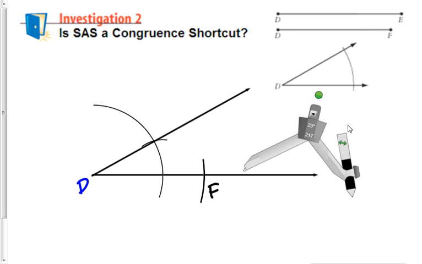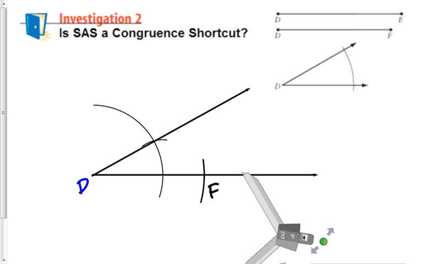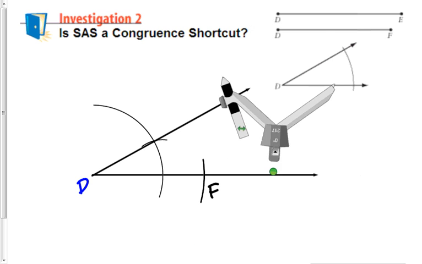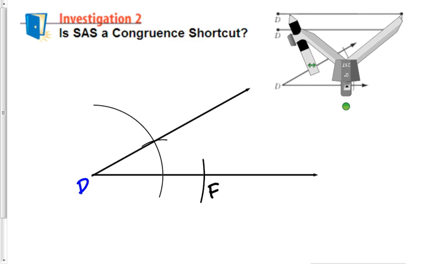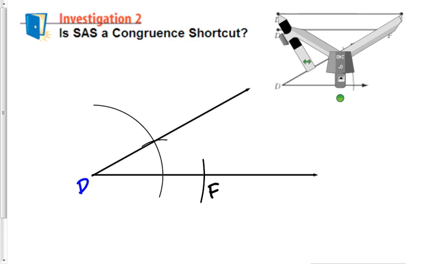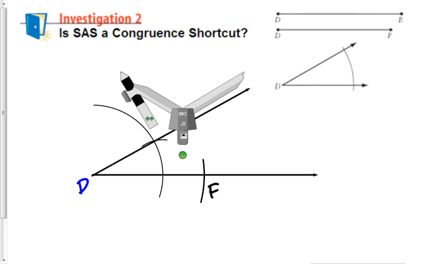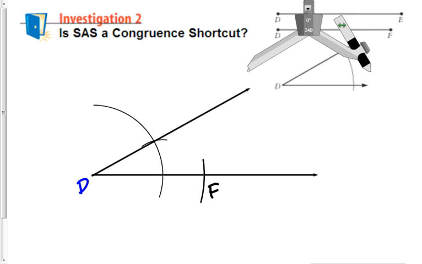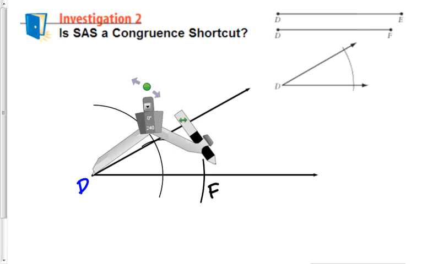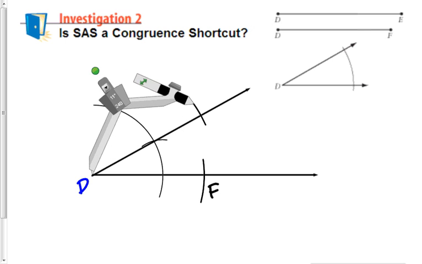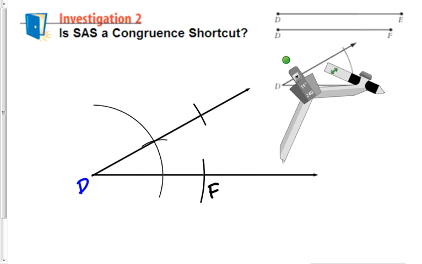And then let me measure DE. Put my compass on point D and strike an arc there.